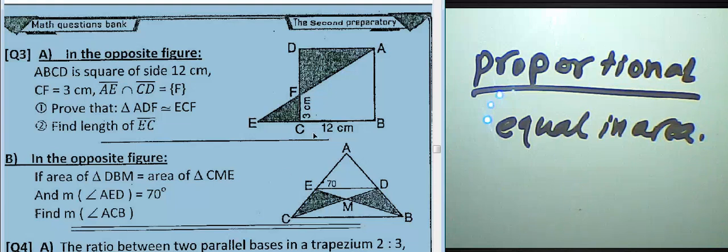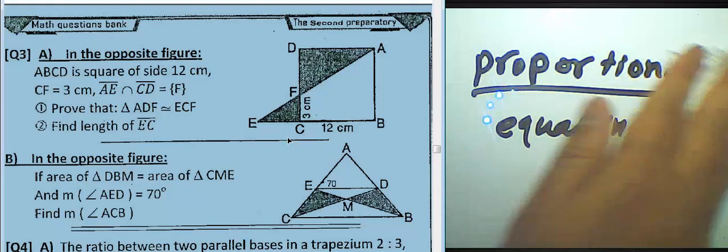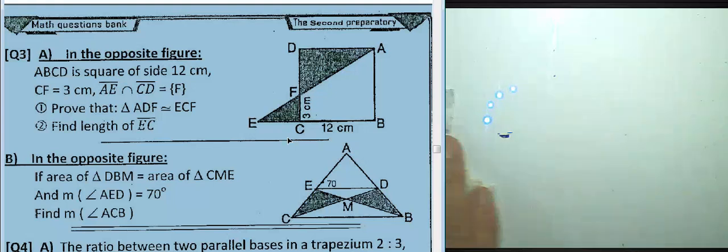We can prove the triangles are similar by corresponding angles. The measure of angle D equals the measure of angle C. DA is parallel to BC and DB cuts them, so angle D equals angle C, corresponding angles.